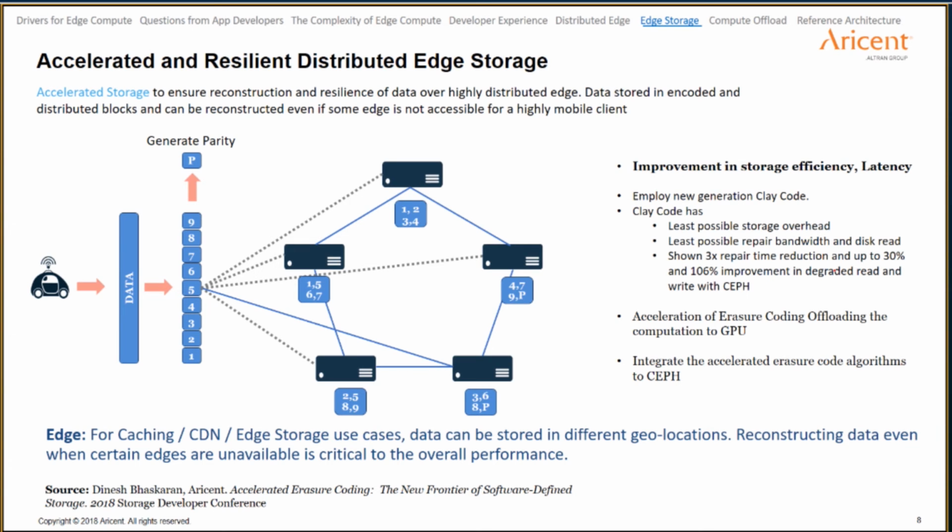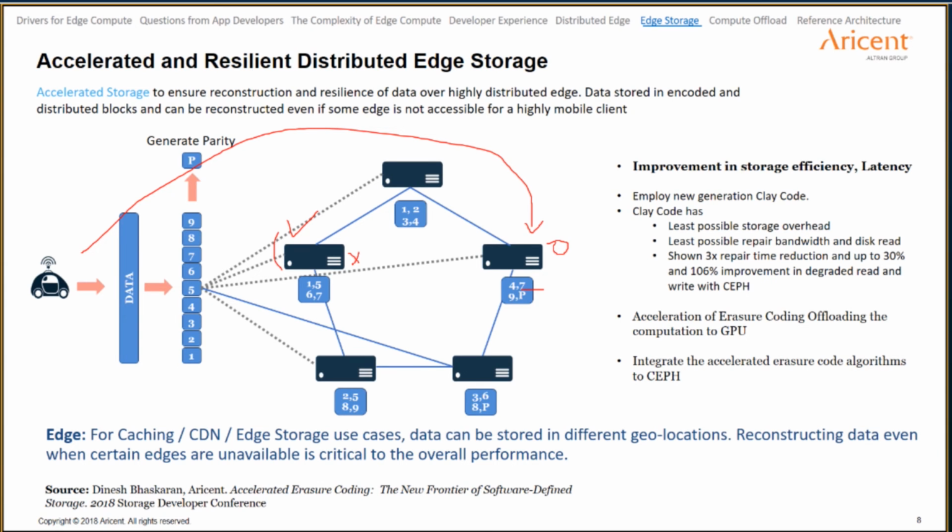Now, if you store all of the data when he was near one of the edges, and then this car drives off to another edge and wants to access the data from there, and suppose there is no way to reach the old edge where he stored all of that data, then what do you do? Or suppose this edge has gone down by that time and it's out of the network for a moment, then how do you reconstruct the data?